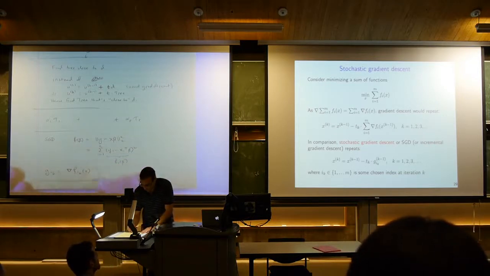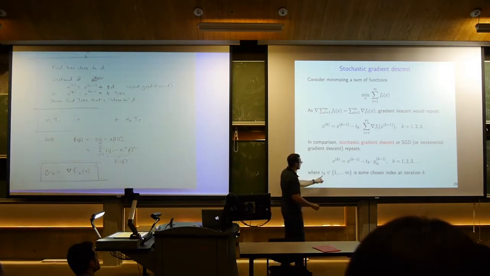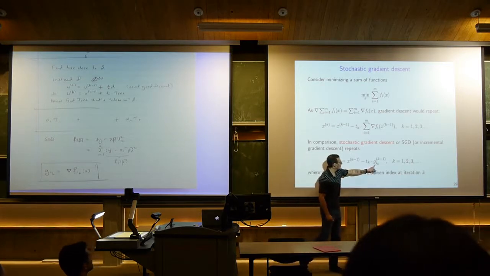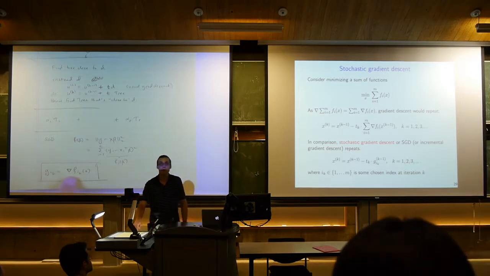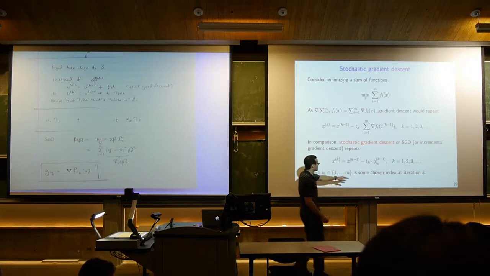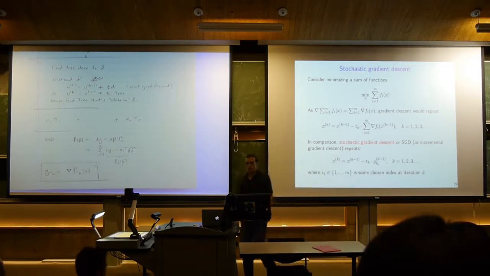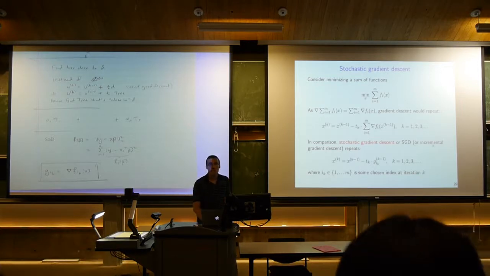So I just choose one of the functions in my collection, some i_k between 1 and m, and I evaluate the gradient at that function. Instead of adding up the gradients from all the functions, I just take that function to determine the direction in which I'm going to move. It's a very simplified version of stochastic gradient descent, the simplest form.